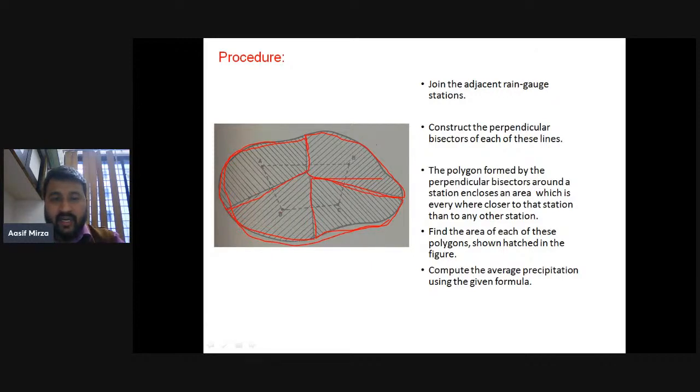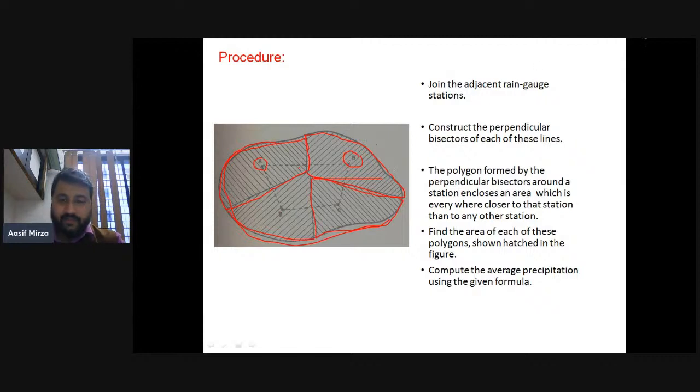The whole area is divided among four stations, and you get the average rainfall from station A's rainfall multiplied by area A, plus station B's rainfall multiplied by area B, similarly area C with its rainfall, area D with its rainfall, divided by the whole area. So you will get the average rainfall over the particular area.